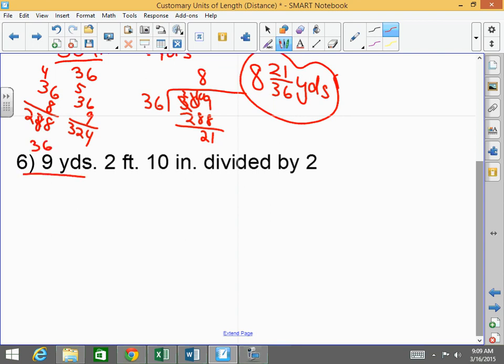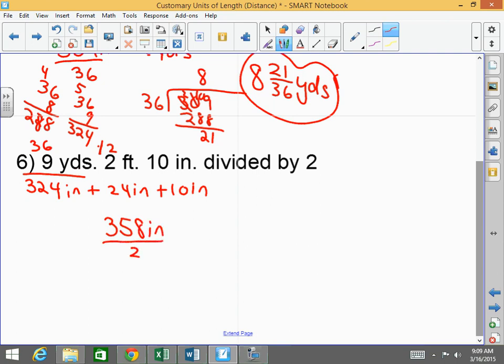Large to small, multiply. So you got 4, carry the 5. That's 324 inches. Plus 2 feet times 12, 24 inches. Plus 10 inches gives me 358 inches.